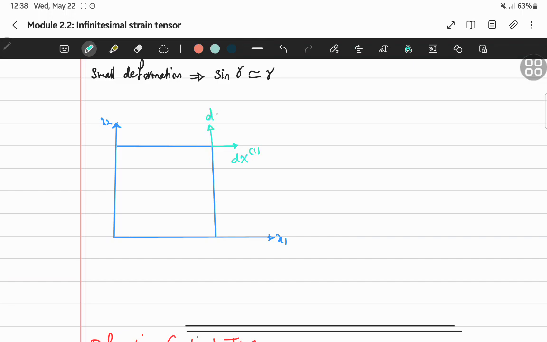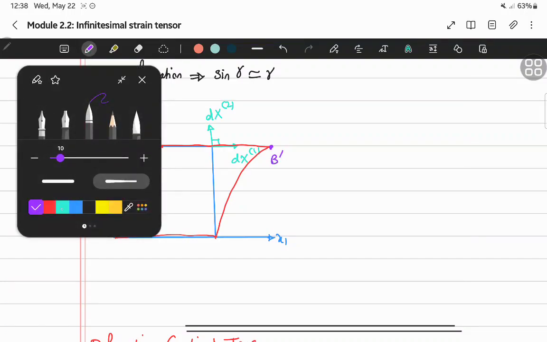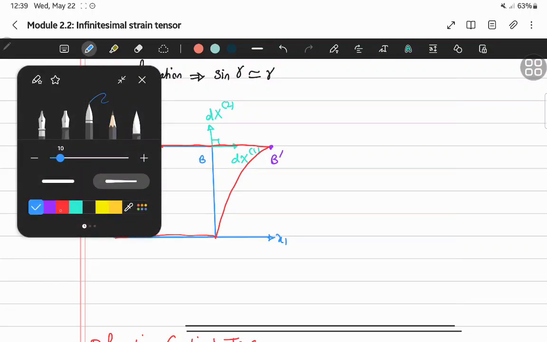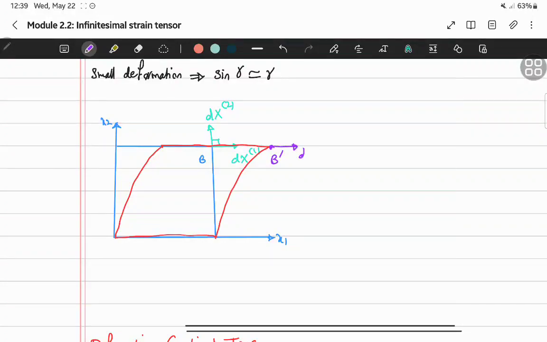If I have dx1 and dx2, two vectors which are orthogonal to each other, but in the deformed configuration, this is b prime and this is b. This change in the angle, gamma, is going to be approximately 2k.